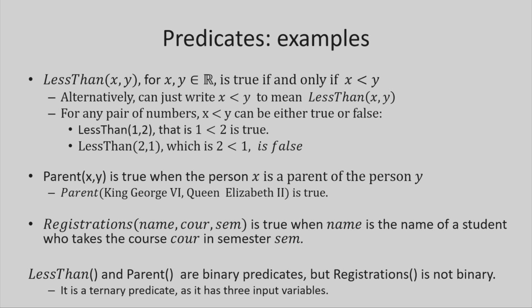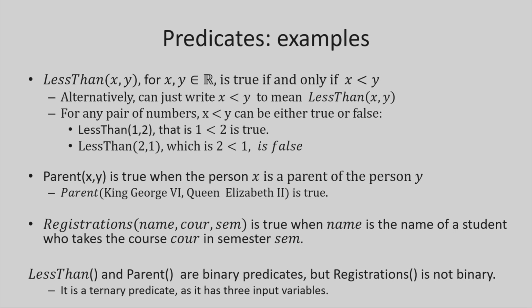That will be true if a person with a name substituted for variable name takes the course substituting for the second variable in the semester substituted for the third variable. So the first two predicates here are binary because they take pairs of things, X and Y, and the last one is not binary, it takes 3.